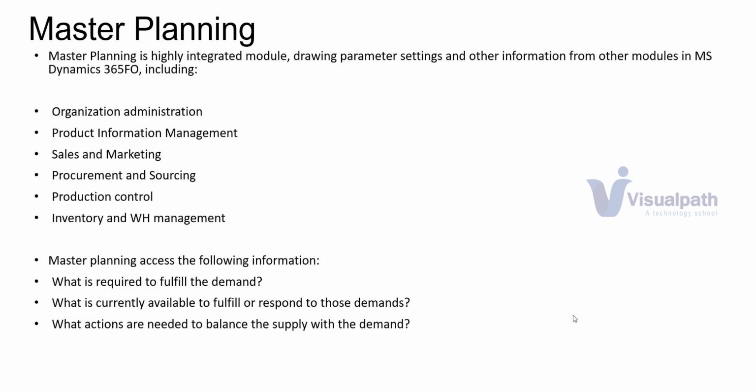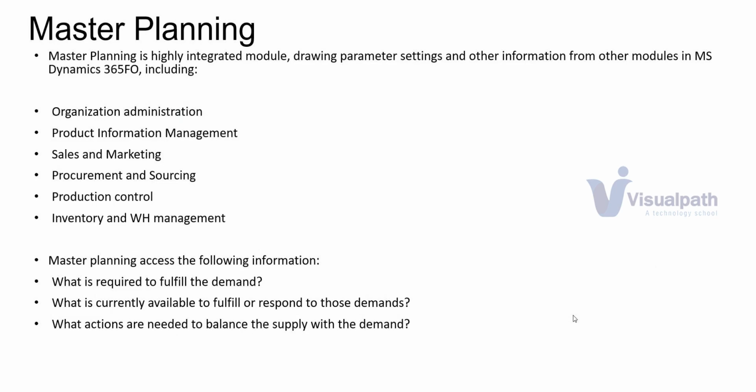So it all depends on these timelines and, of course, the availability of inventory. These are the modules we'll be touching briefly while covering master planning, and we'll cover each and every setup in detail which is required to complete the master planning.